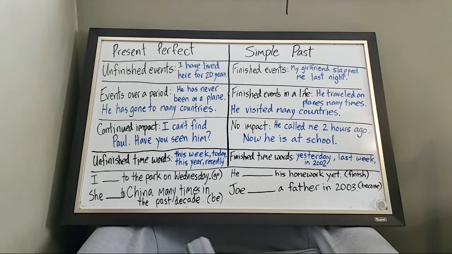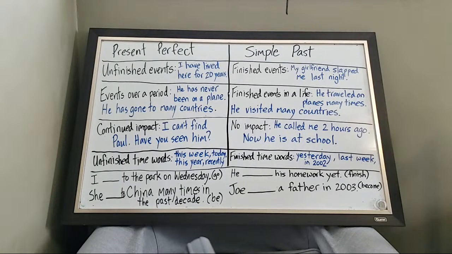He has passed away. He's dead. He's not going to travel anymore. It's finished. He visited many countries. Okay, so he's not visiting any more countries because he's dead. And I'm just saying, this is an example. I'm not saying anything bad about your great-grandfather. Don't get upset. All right?